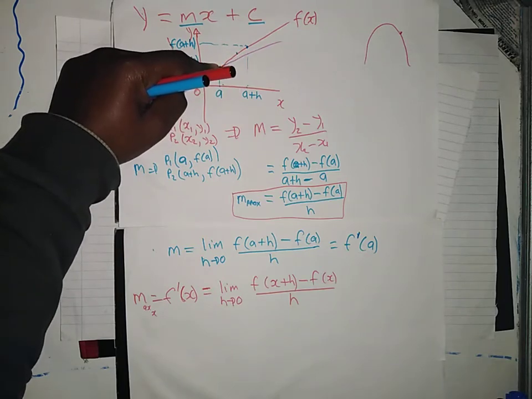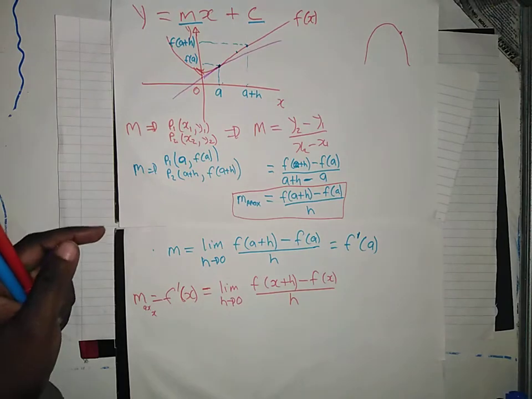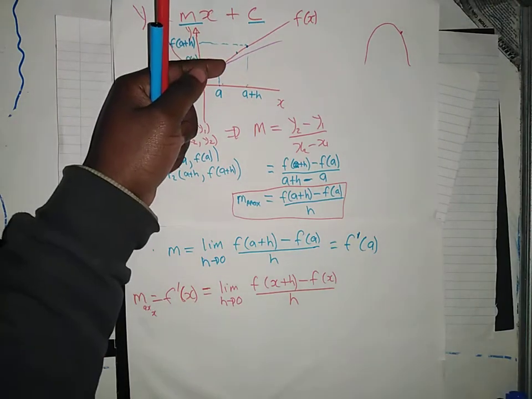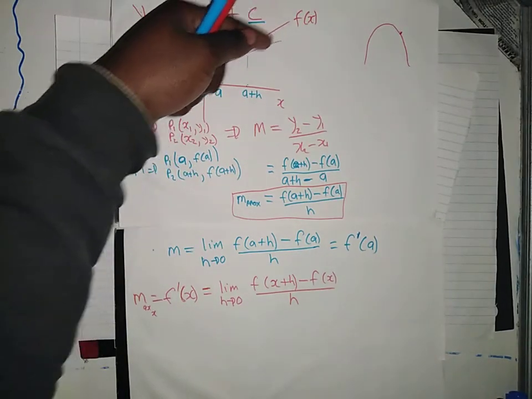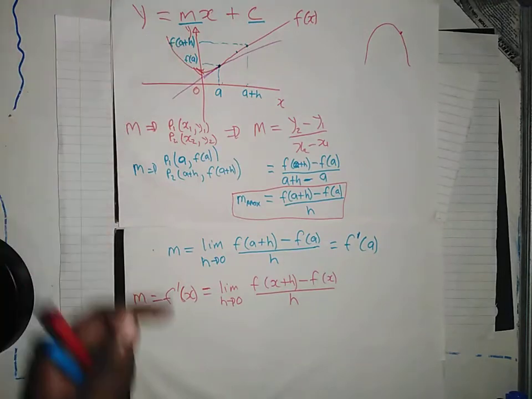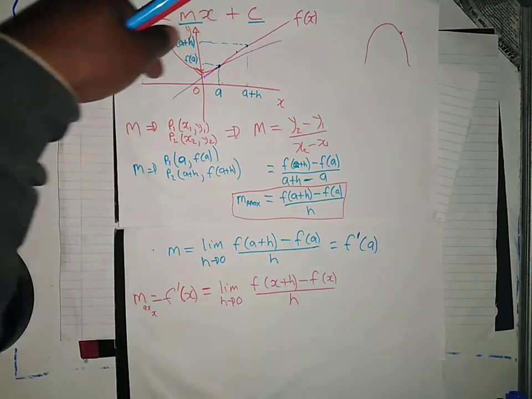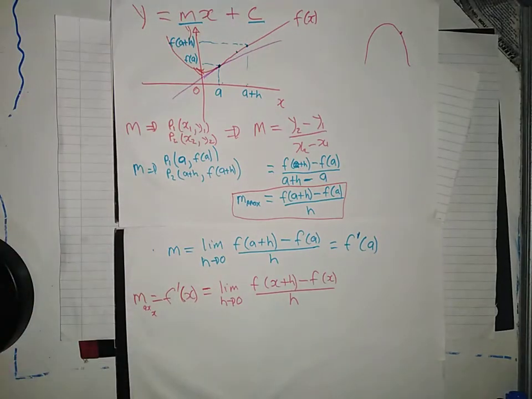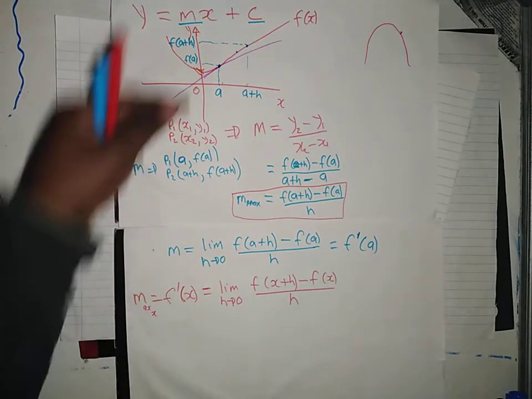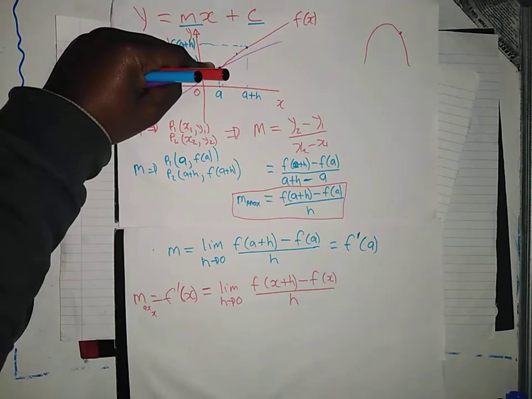So if I find the gradient of this function, therefore I will find the gradient of this line. Because I don't have any information about this line, the only choice that I have is to find the gradient of this line by finding a derivative at this particular point.